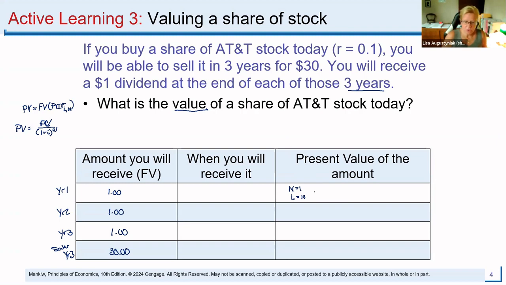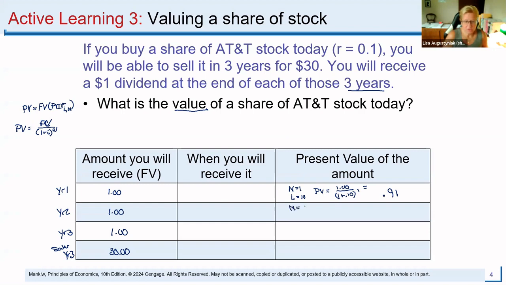Okay, so the present value is equal to the future value, $1, over 1 plus 0.10 to the first power. That's going to be 1.10. So $1 divided by 1.10 is about 91 cents, because it's a dollar amount, so we're going to round it. Okay, $1 for the second period.